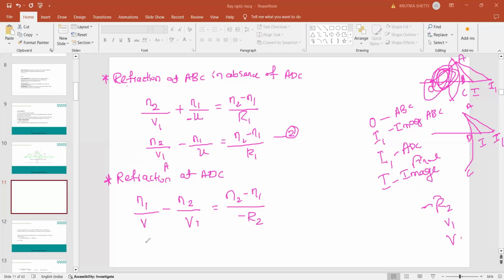So now this is my equation 3. The next step will be adding equations 2 and 3. Both the equations are in front of you, so you can just add equations 2 and 3.